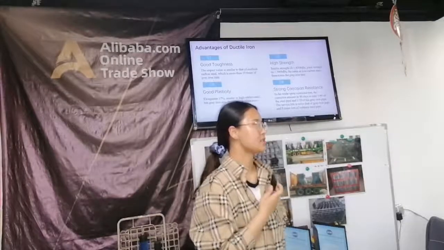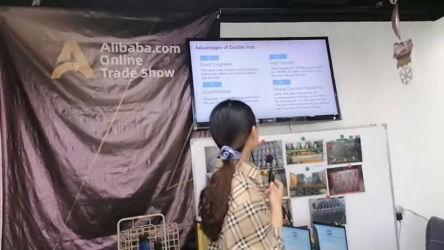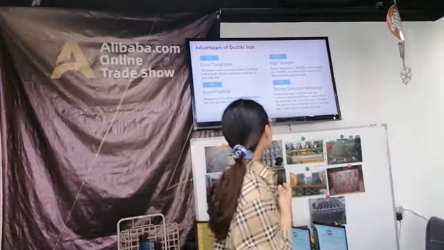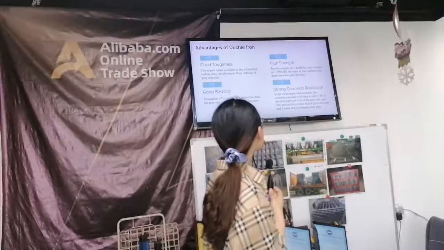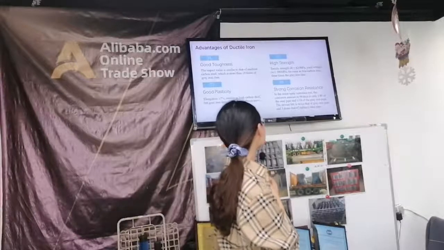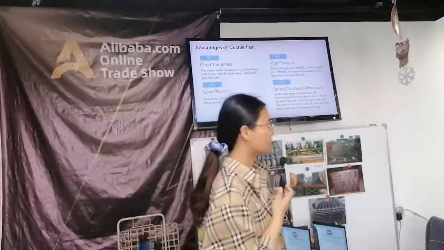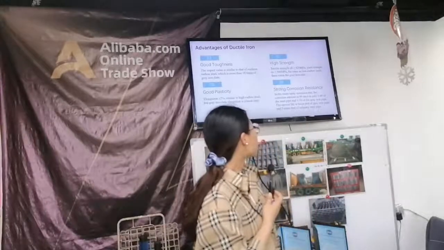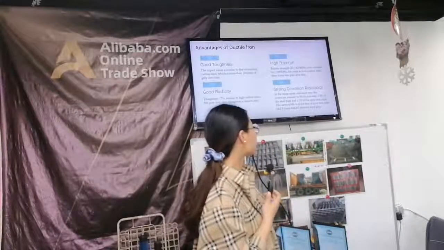And it has good ductility. The elongation is more than 7%, and it is similar to high carbon steel. But gray iron elongation is almost zero. It also has a strong corrosion resistance.